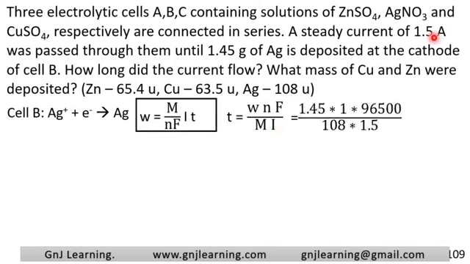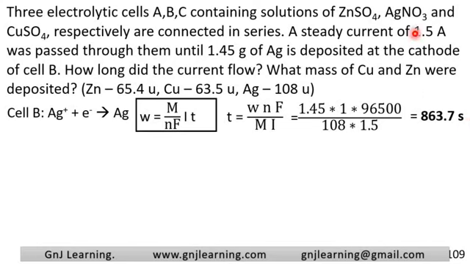I am just substituting all these values. W 1.45, n is equal to 1, Faraday is equal to 96,500, molar mass is equal to 108, and I is equal to 1.5. Solving this, I will get the time required as 863.7 seconds.